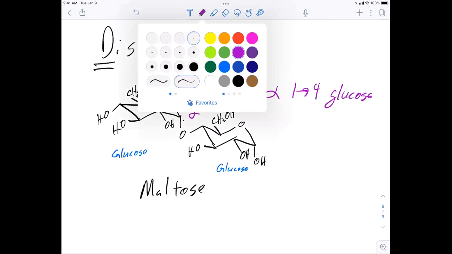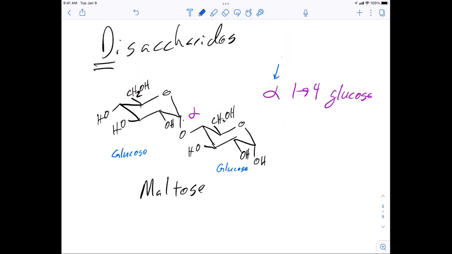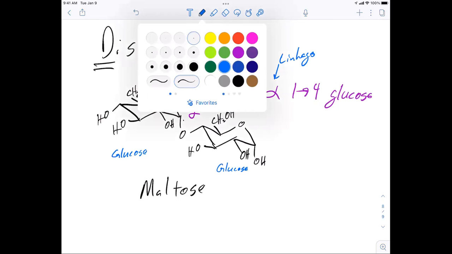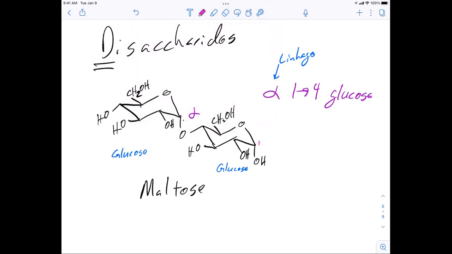So the alpha is the type of linkage, and that comes from the alpha and beta that we saw previously, how they cyclize. So this has got an alpha, and then the 1,4 is how it's attached. If we look at this position, 1, 2, 3, 4, and over here, 1, 2, 3, 4, we've got a 1,4 attachment.